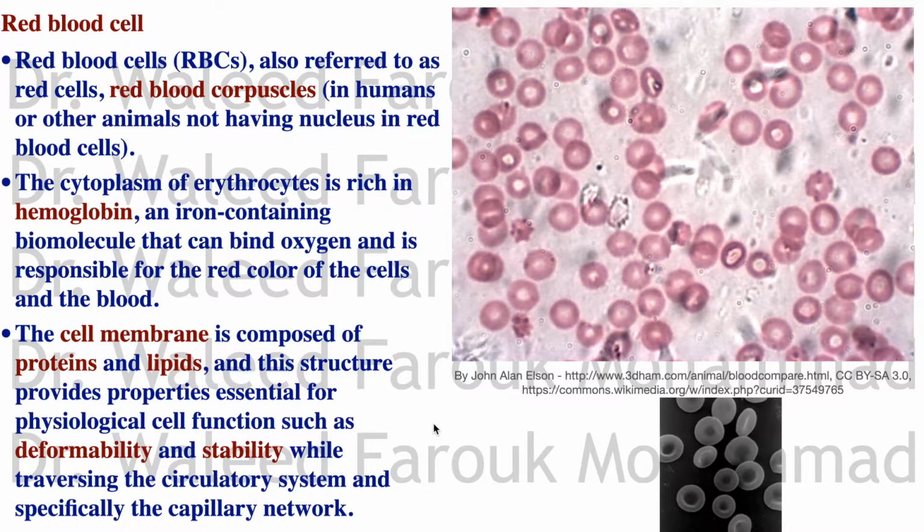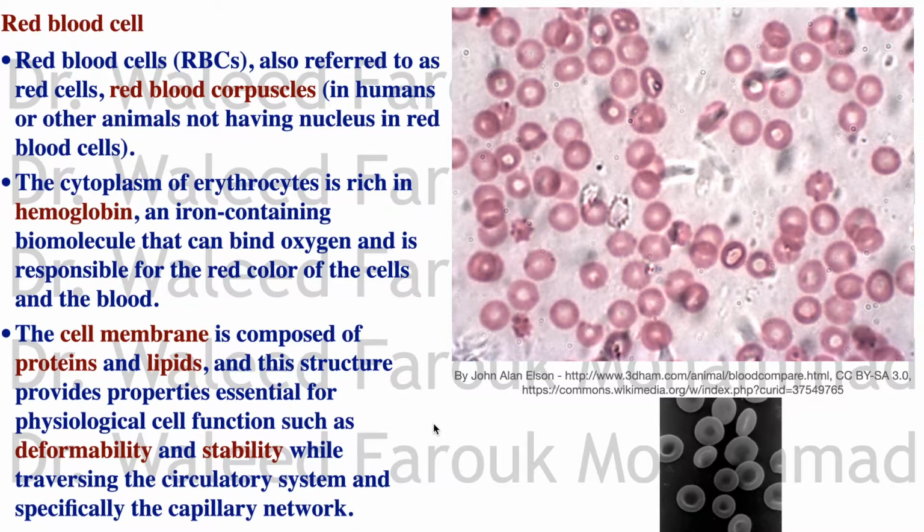The red blood cell, it's better to call it red blood corpuscle because it lacks the nucleus and the organelles. You can consider it a sack of hemoglobin that is rich in iron and capable of binding oxygen to transport it to the different tissues of the body.